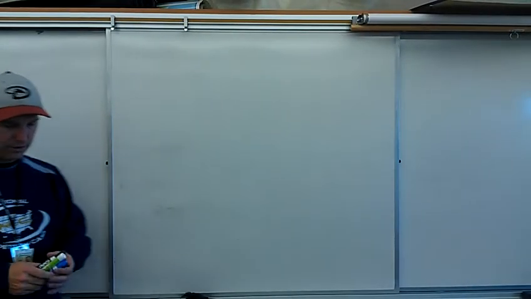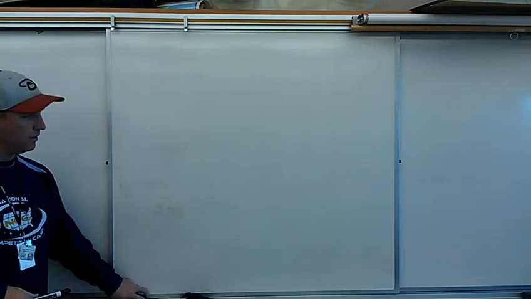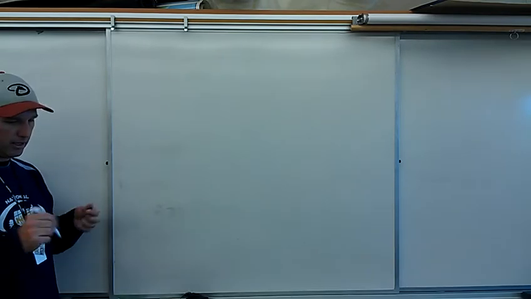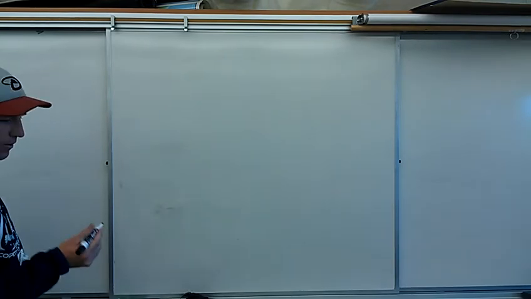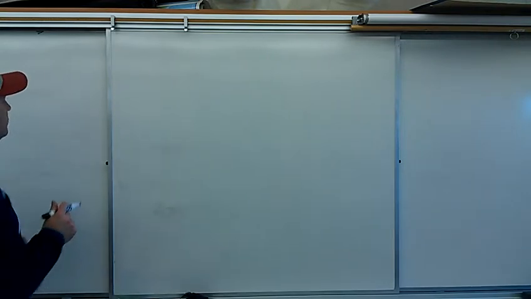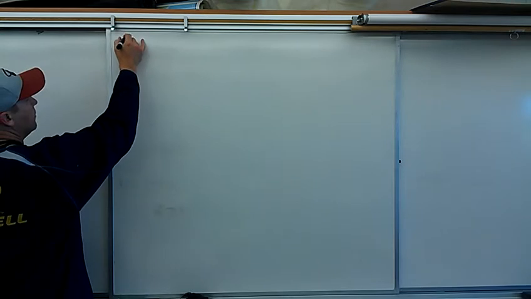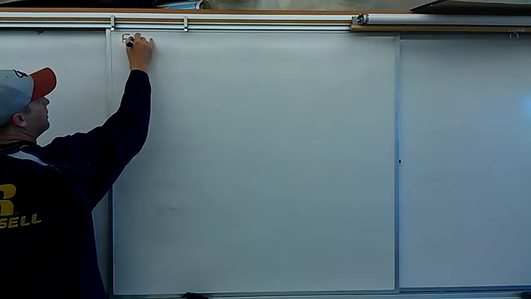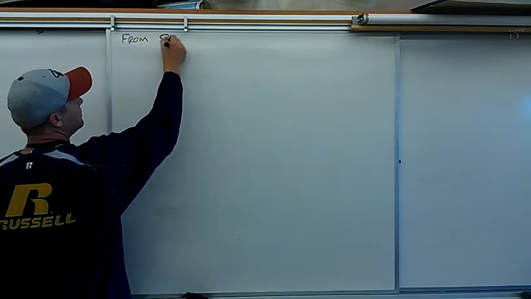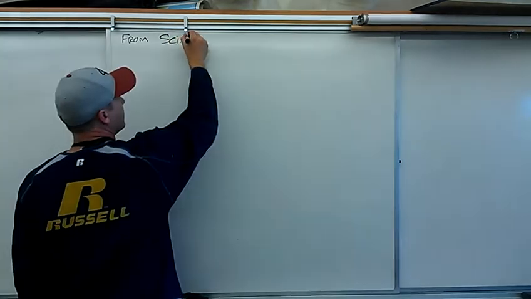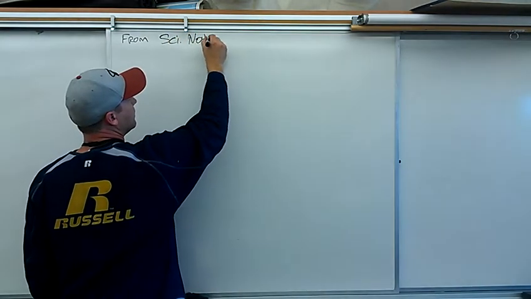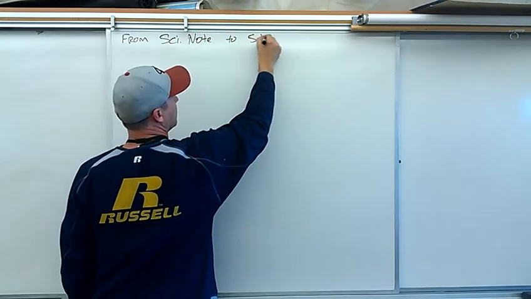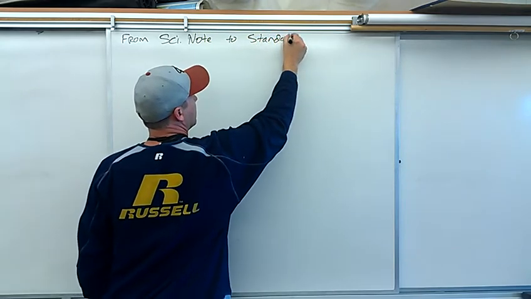Finish off our work with scientific notation, and the only thing we have left to do is to go from scientific notation to standard form. So, topic today, from scientific notation to standard form.